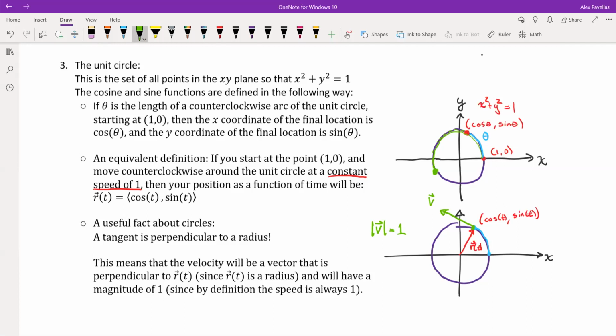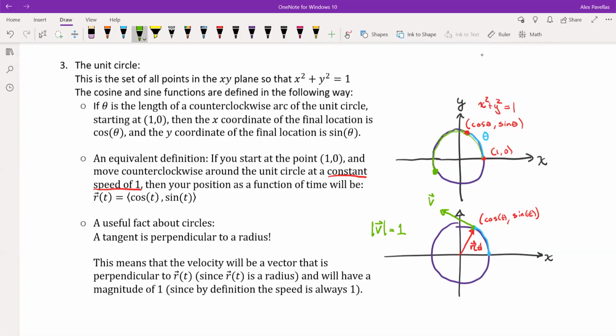Okay. So a very, very useful fact about circles is that a tangent is perpendicular to a radius. Why is that? Well, it's geometry. You could prove that with ruler and compass if you like. Okay, so here's what we know.